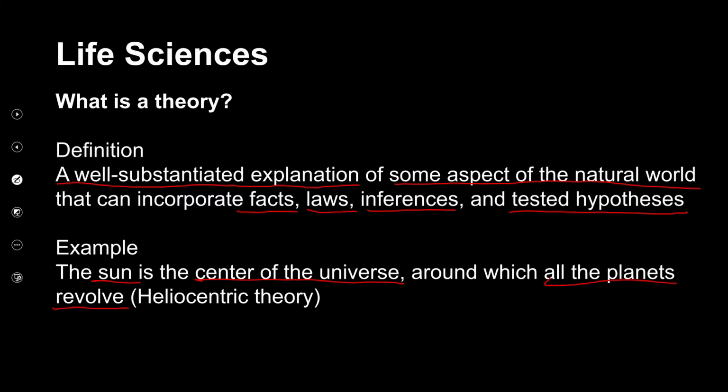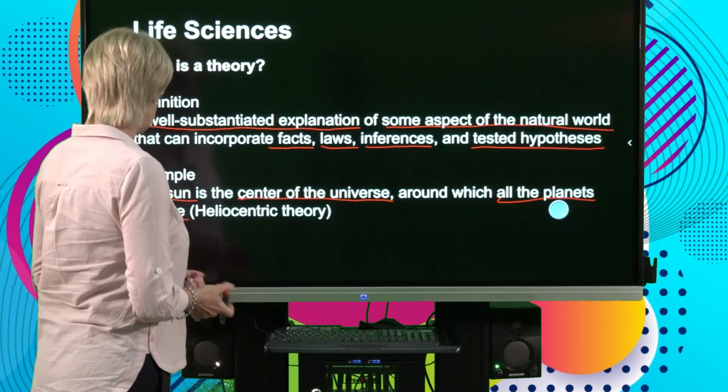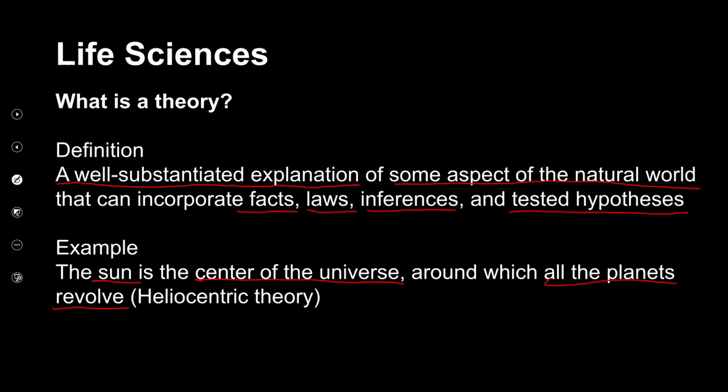We don't question it, we accept it as a theory. It's known as the heliocentric theory. Helio means sun, and centric obviously means the middle. And this explanation is accepted because it has facts, it has laws, it has inferences, and it has tested hypotheses that back it up.